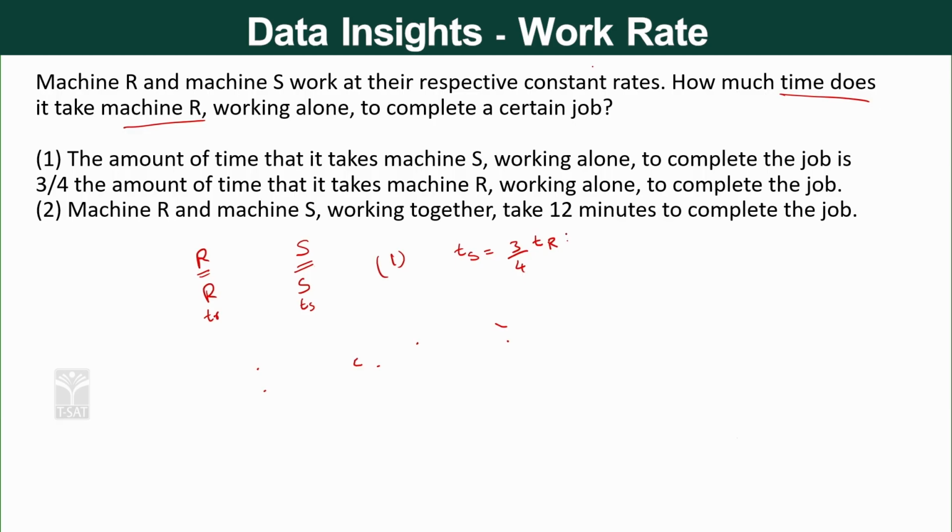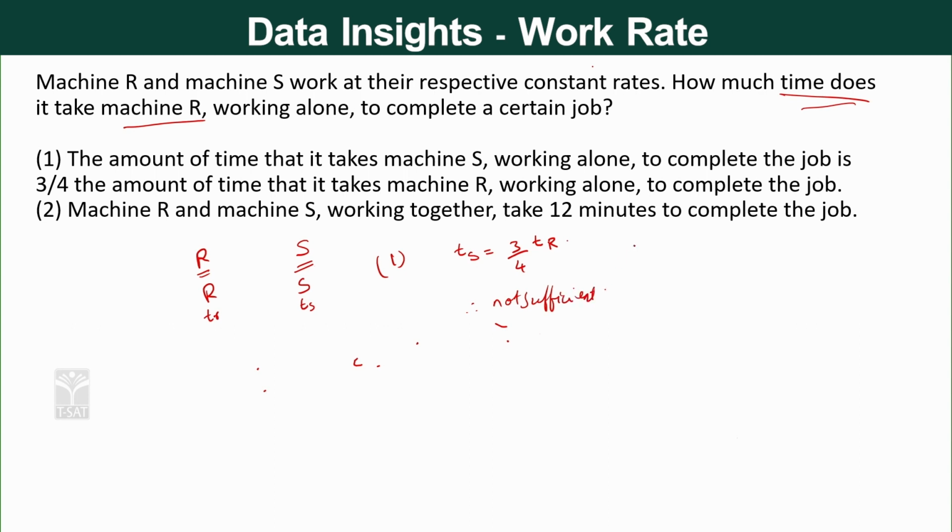We know that it is 3/4, but we do not know the time that is taken by machine S or machine R. So, we cannot calculate how much time it takes machine R. So, this alone is not sufficient to answer the question.